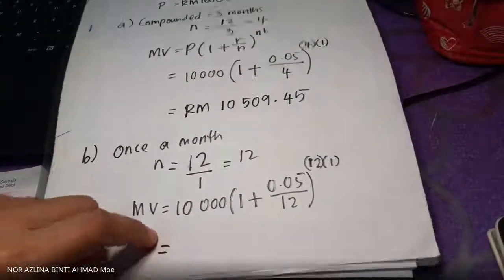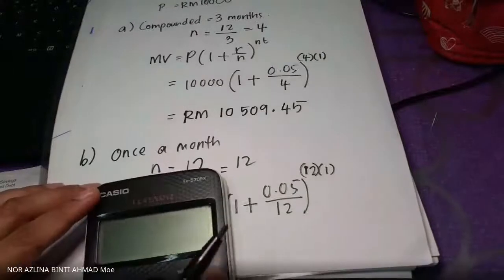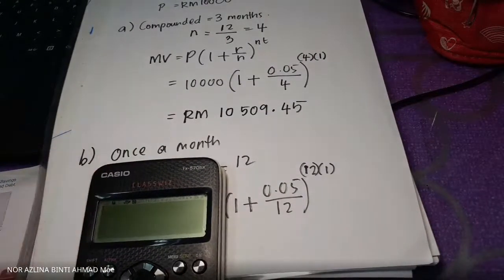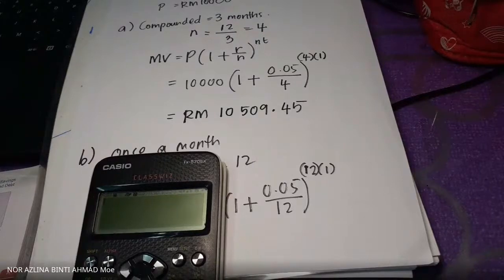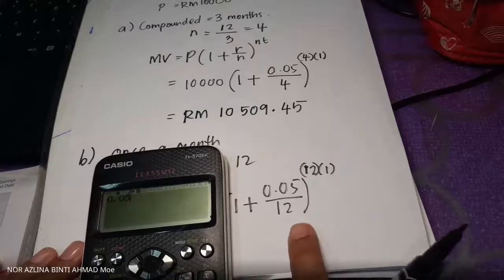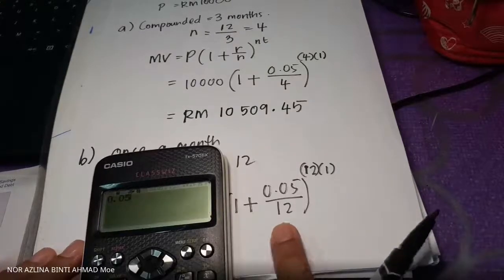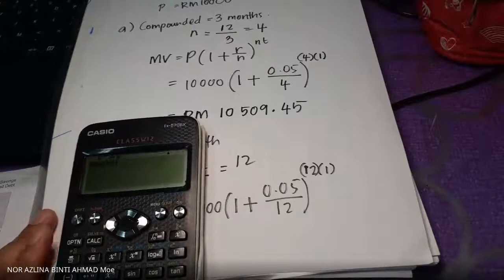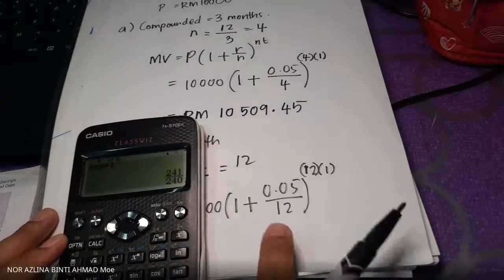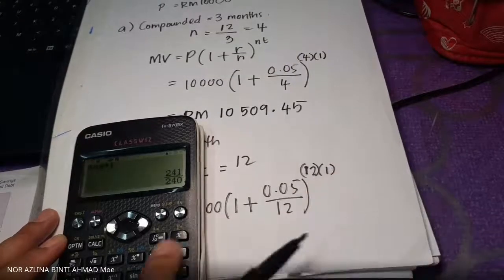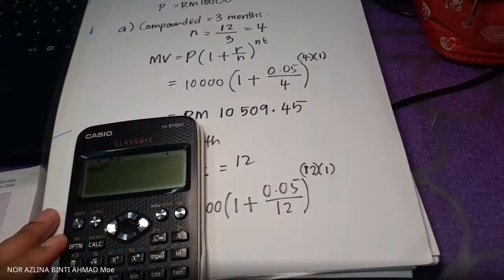So MV equals, how to use the calculator. The problem is how to use the calculator. Many students do not know how to press the calculator. So 0.05, you solve the fraction in the bracket first. Divide by 12, plus 1. 241 over 240. Power of 12. So I press power, and here 12.